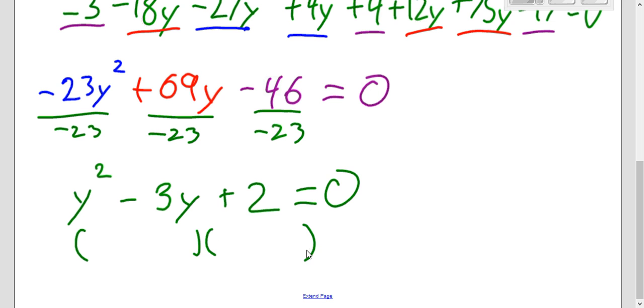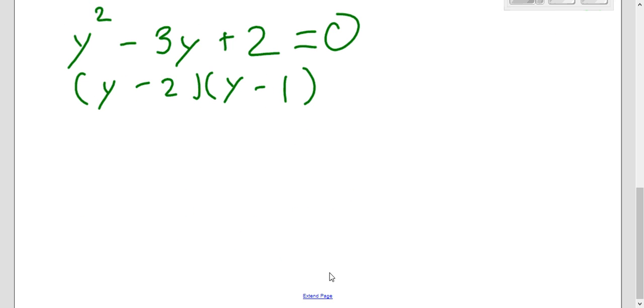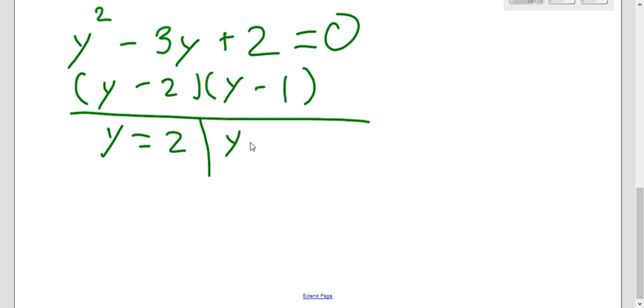So factor that. Multiply to be +2, add to be -3. That's (y minus 2)(y minus 1). Set each equal to zero: y equals 2, y equals 1.